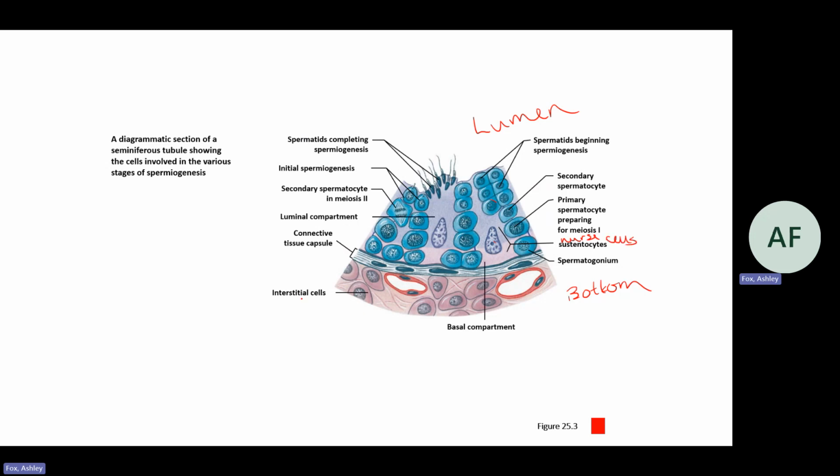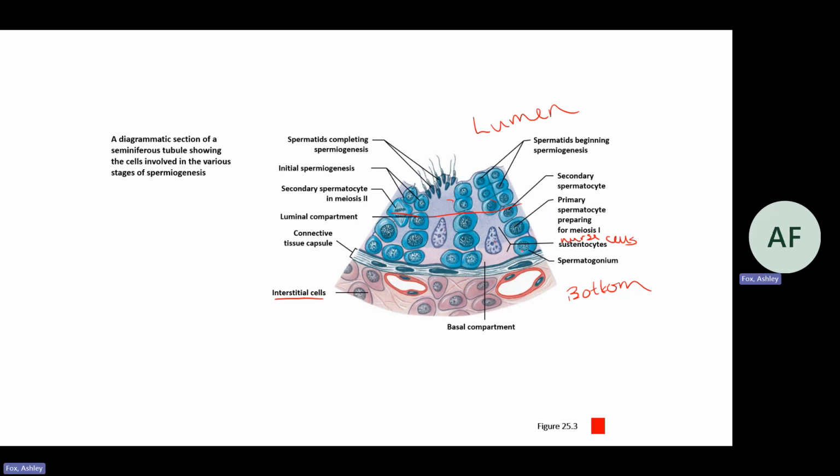We have interstitial endocrine cells, so hormones here. Then we have kind of the basal compartment in this area, and then the upper part is going to be the lumen compartment. So we're going to have closer to the lumen up here and closer to the bottom down here.